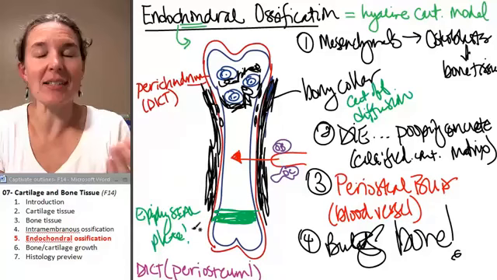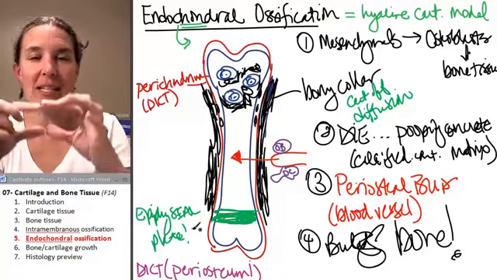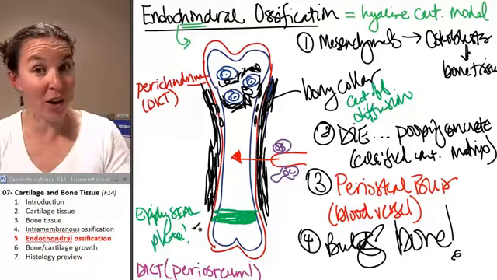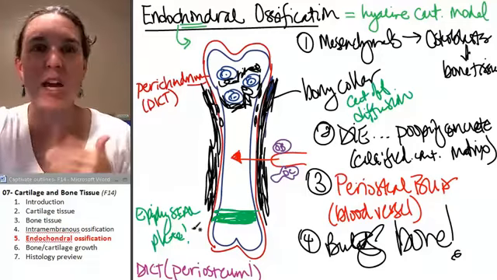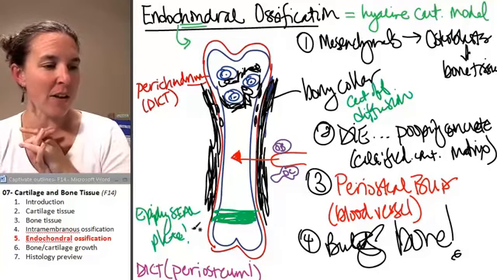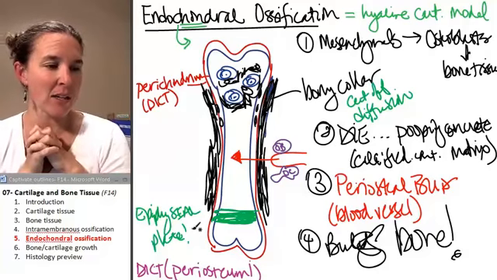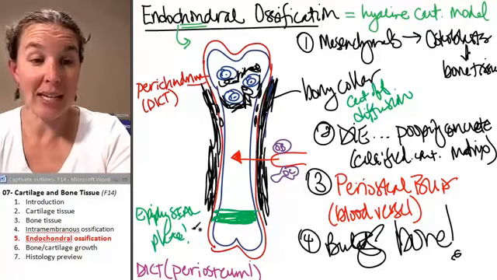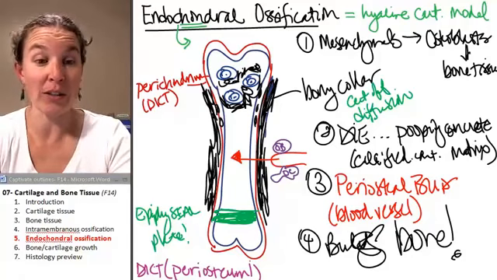And this process is essentially taking place in your epiphyseal plate, and it allows for growth of your long bone, for length growth of your long bone. That's the process of endochondral ossification. Now, let's take a look at how bone and cartilage can grow.